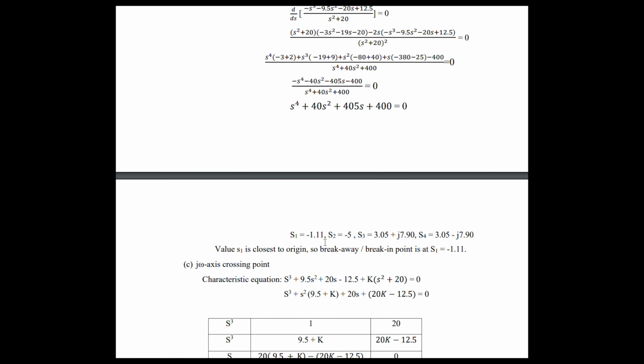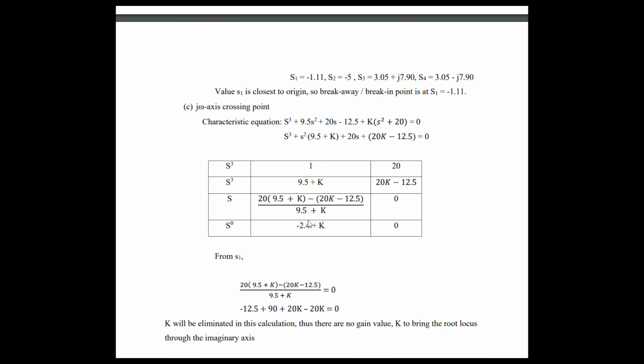So s1 equals negative 1.11, s2 negative 5, s3 equals 3.50 plus j7.10, s4 equals 3.05 minus j7.90. The value s1 is closest to the origin, so the breakaway is at s1 equals negative 1.11.